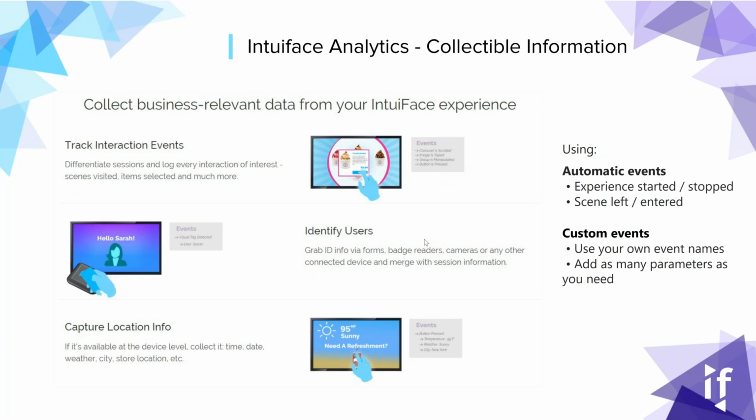Another type of data you can collect, which gives you additional context, is location information. So it could be the floor in the store location, could be the weather outside, could be the city, the geographic location. These things, again, might influence the decisions made by a visitor. Thus, you don't just know what video they watched, you don't just know that it's a 30-year-old female, but you know that it's raining outside.